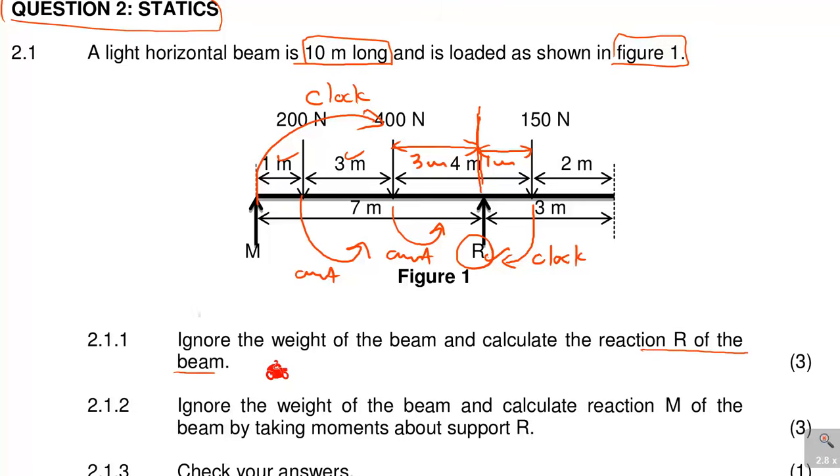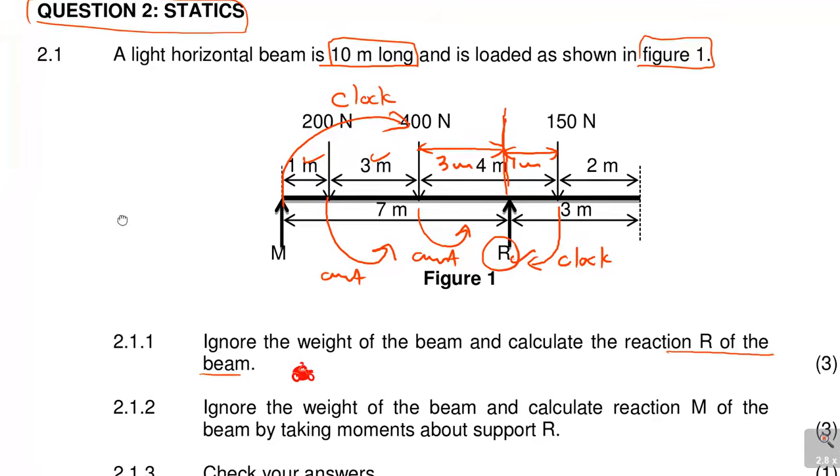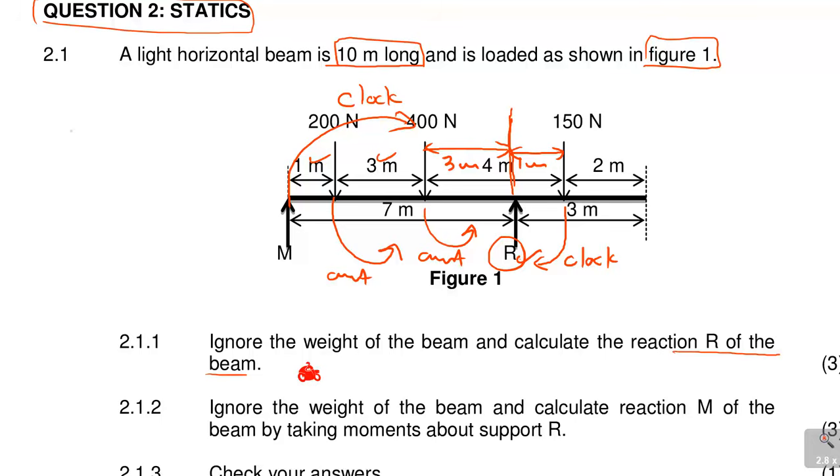So now we can come up with our formula. Remember, it says the sum of clockwise moments is equal to the sum of anticlockwise moments. So we look at the clockwise moments that we have, and the first one is this force, which is 150 times the distance of the 150 from R. We said it was 1 meter.